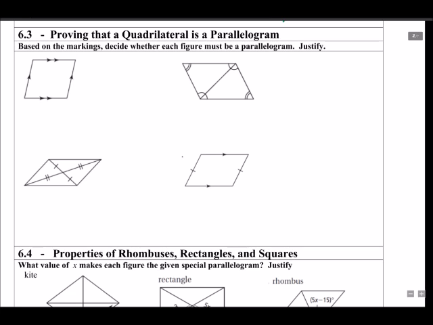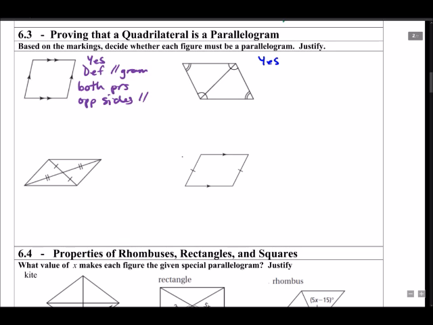Based on the markings, are the figures going to be a parallelogram? Justify. Well, what's going on in our first one? Yes, this is by definition of a parallelogram. We've got both pairs of opposite sides are parallel. Woohoo! What about the next one?